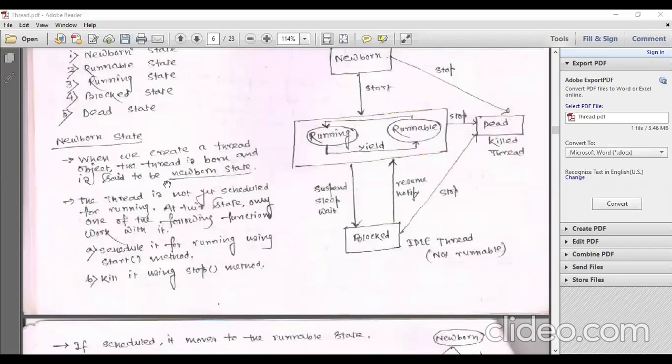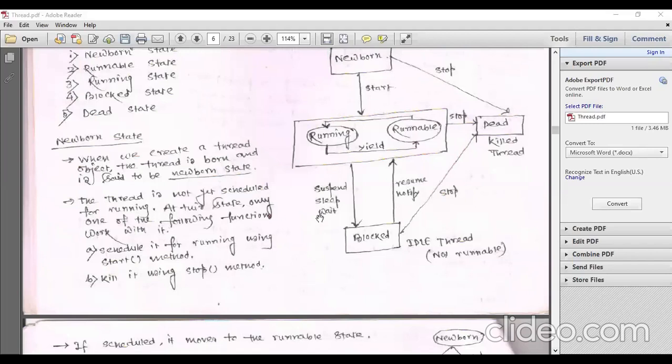What is the meaning of block state? That means the thread is in idle state. Try to understand the meaning of this idle state: the thread is suspended for a few milliseconds. So it is neither in running state nor in the runnable state.